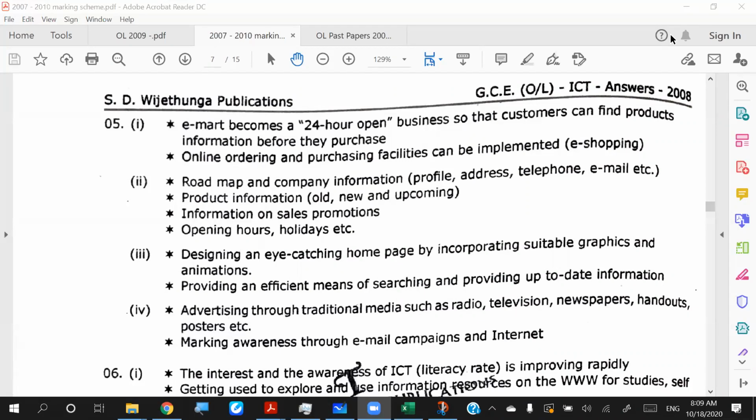If you got any alternative answers, let me know. You can take the first part 2 marks, second part 4 marks, third part 2 marks, and fourth part 2 marks. So you can calculate out of 10.